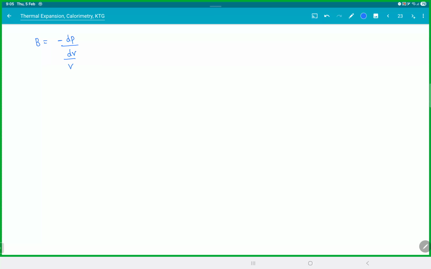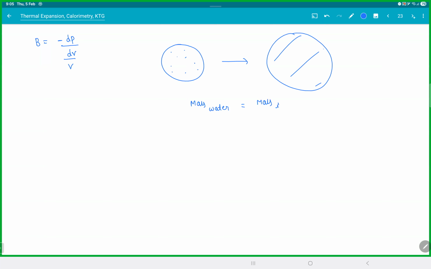So when water freezes to ice, what remains the same? The mass remains the same. Mass of water is equal to mass of ice. So density of water times volume of water is density of ice times volume of ice.